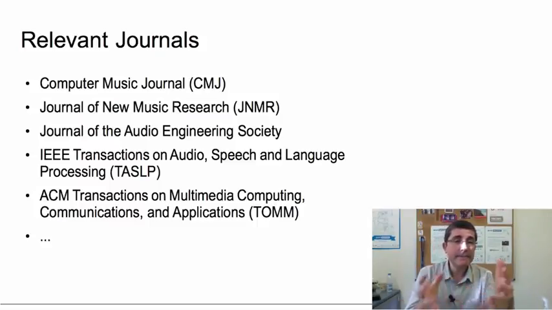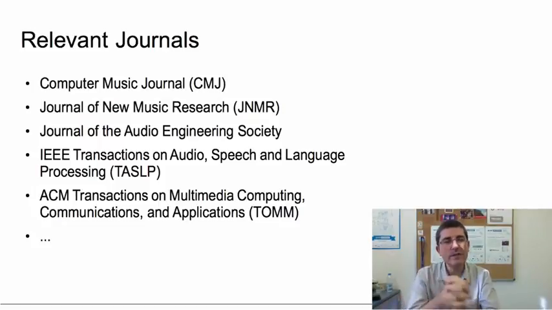And then the last journals I mention here are from the more general societies that I mentioned, but that include topics related with audio and music technology, and therefore are again good to follow. The Audio Engineering Society has a journal, the Journal of the AES, in which many papers related with these topics are published. The IEEE has quite a few journals, but there is one in particular, the Transactions on Audio, Speech and Language Processing, that always includes relevant articles.